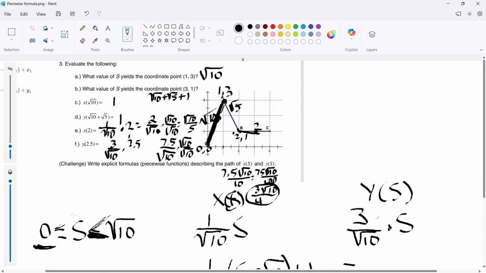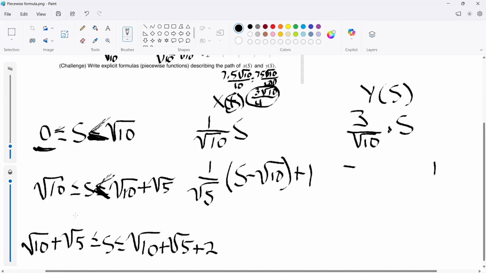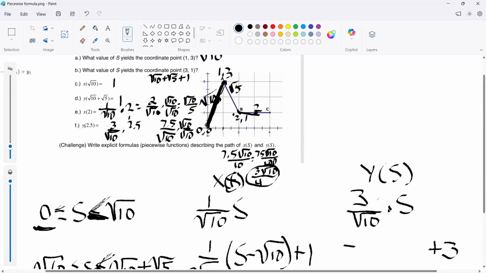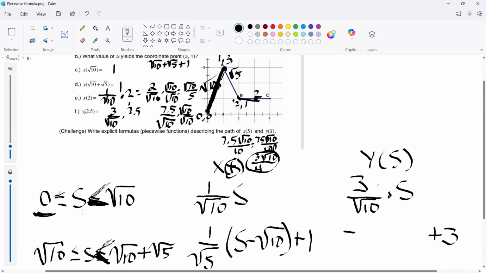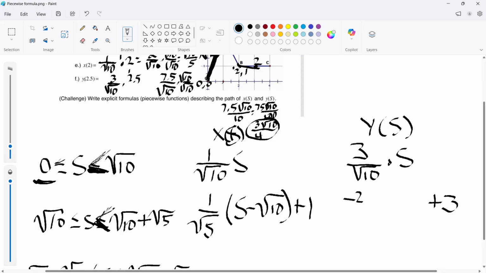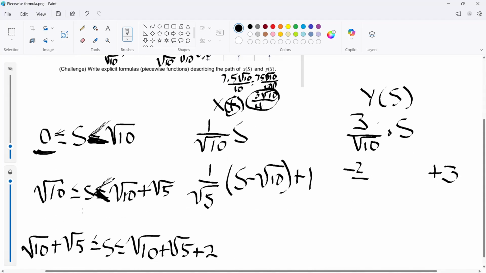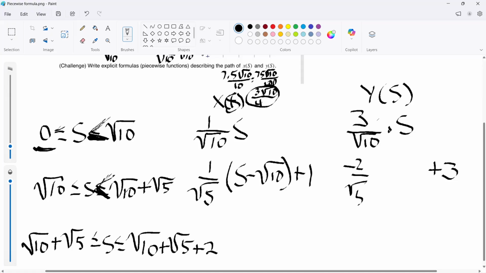Where did y start? Y started at 3. So at the end, it's going to be plus 3. How much does y change? Y changes by 2, divided by the distance, square root of 5, times s minus square root of 10. S minus the left-hand constraint.